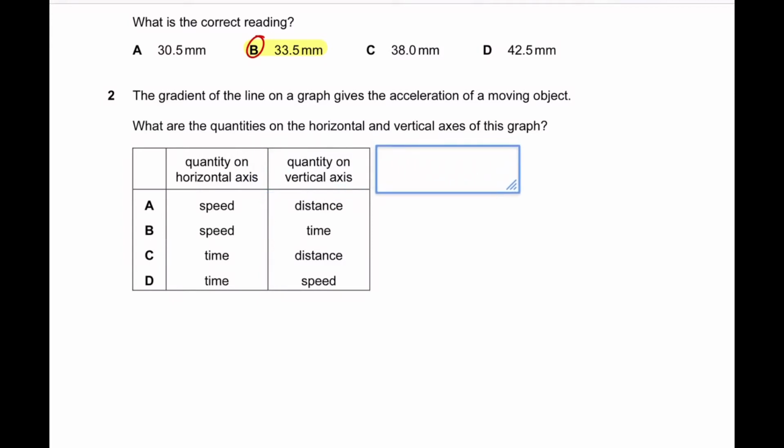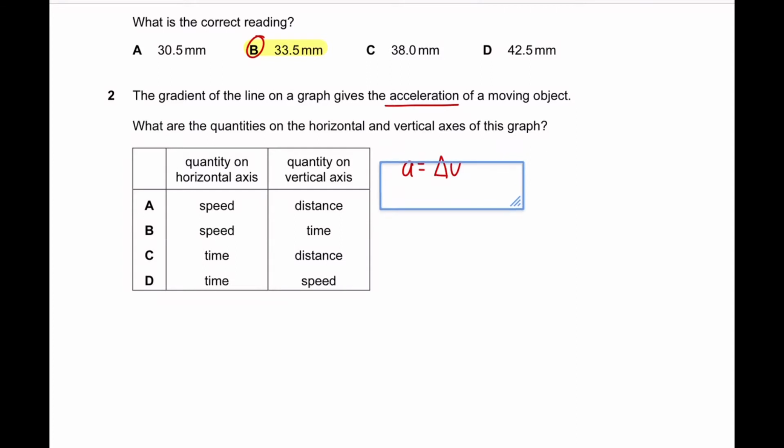But first, let us see what is the formula of acceleration before we get into the answers. To recap back, the formula of acceleration is the change in velocity divided by the change of time taken.